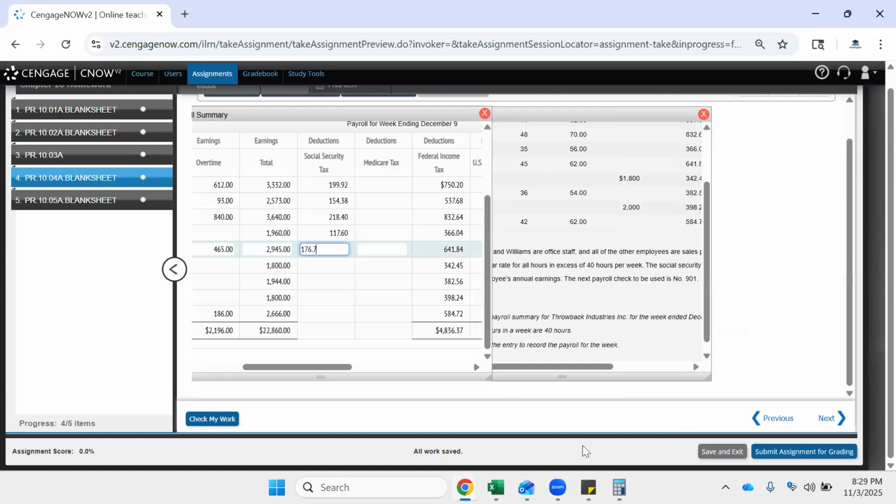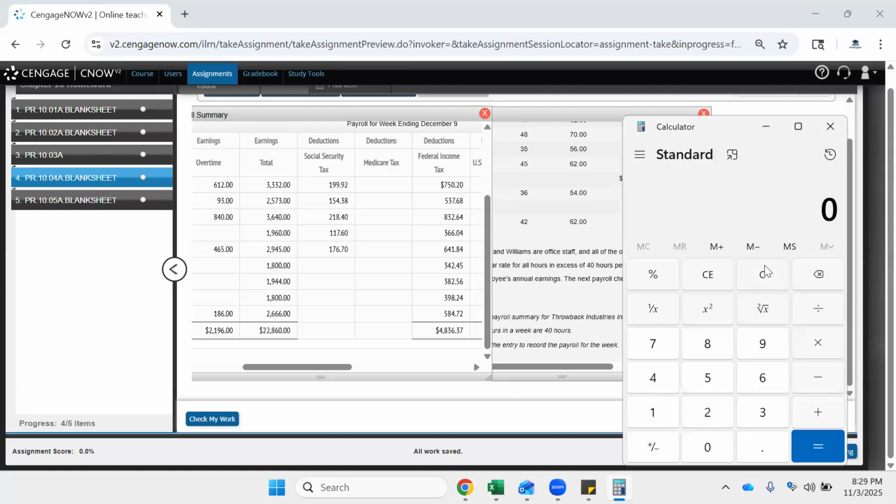It hasn't been applicable yet, but just remember that we're rounding to the nearest cent in each of these calculations.